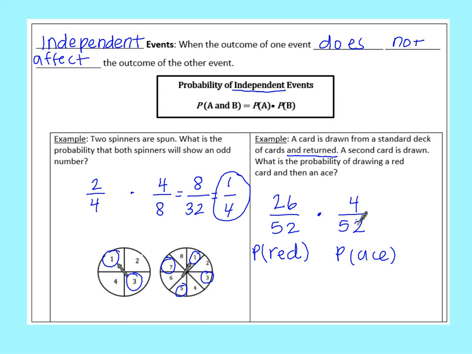When you multiply 26 times 4 on the top, we get 104. And 52 times 52 is 2,704. This isn't going to simplify nicely, so to change it into a decimal, I'm going to round it to the nearest hundredth. We get 0.04 as our probability of doing both of these things.